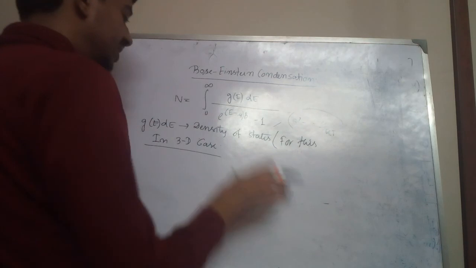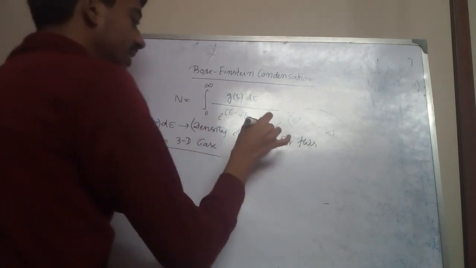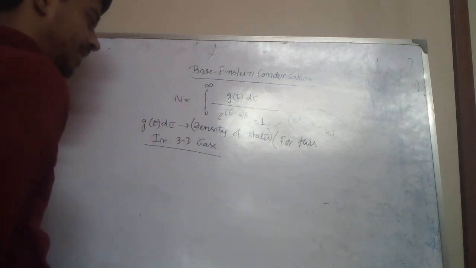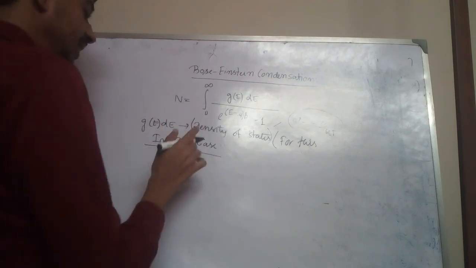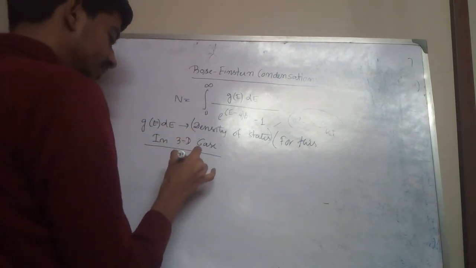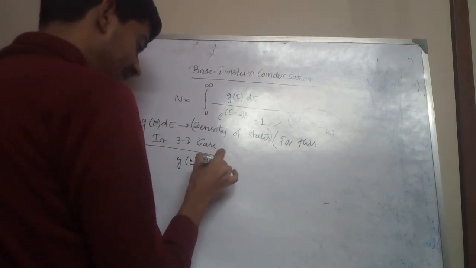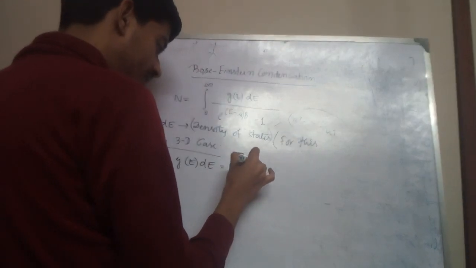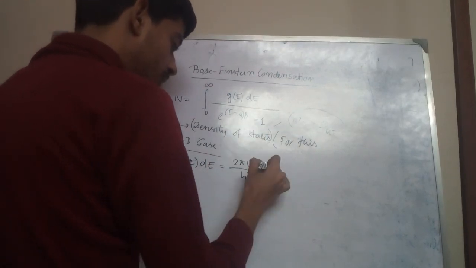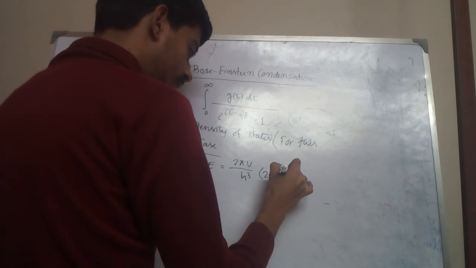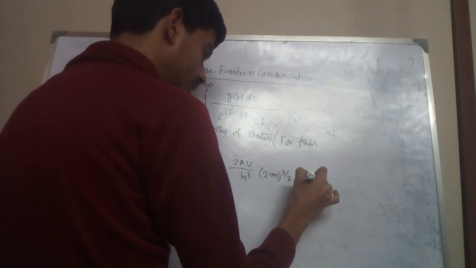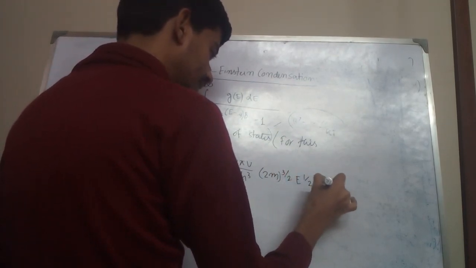In my previous lecture, I explained what the density of states is. In the 3D case, we calculate G(e) dE as 2 pi V by h cube, 2m to the power 3 by 2, e to the power half dE.